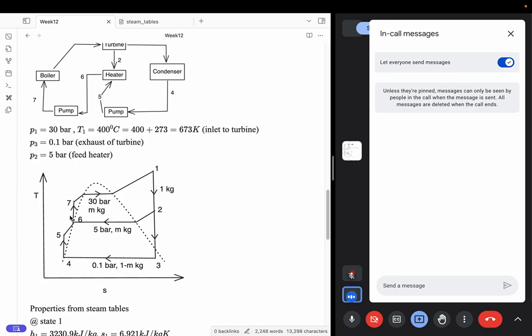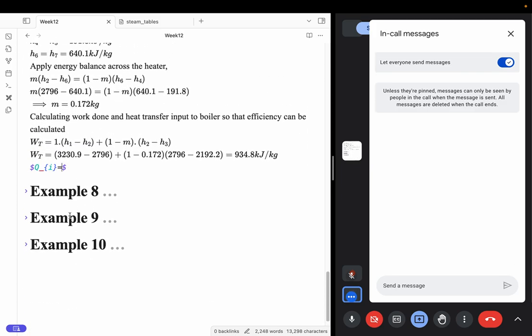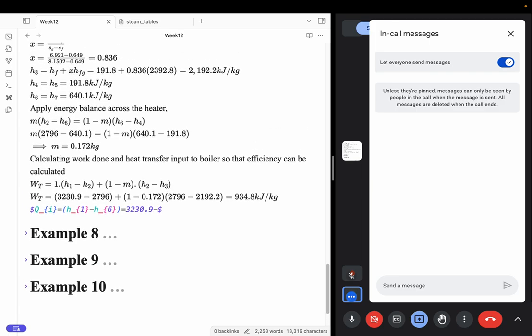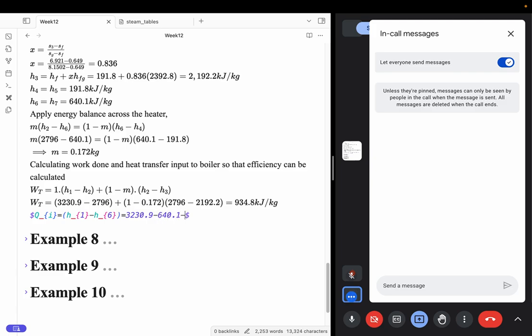So you can directly do h1 minus h6 to get your heat input. That will be 1 times h1 minus h6. h1 is 3230.9 minus h6, which is 640.1. That is coming to around 2590.8.